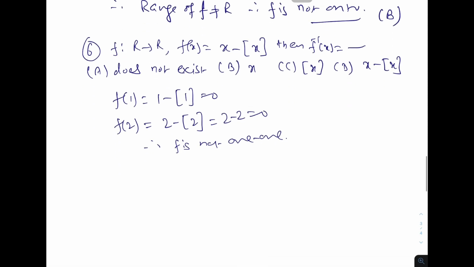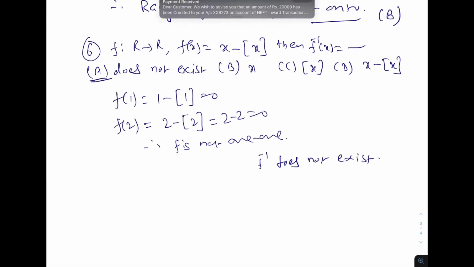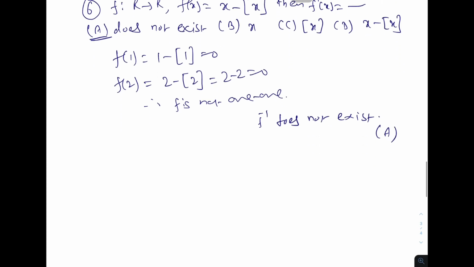Once f is not 1-1, there is no question of the inverse existing. So f inverse does not exist, because for existence of the inverse, f should be 1-1 as well as onto. So this is the option.